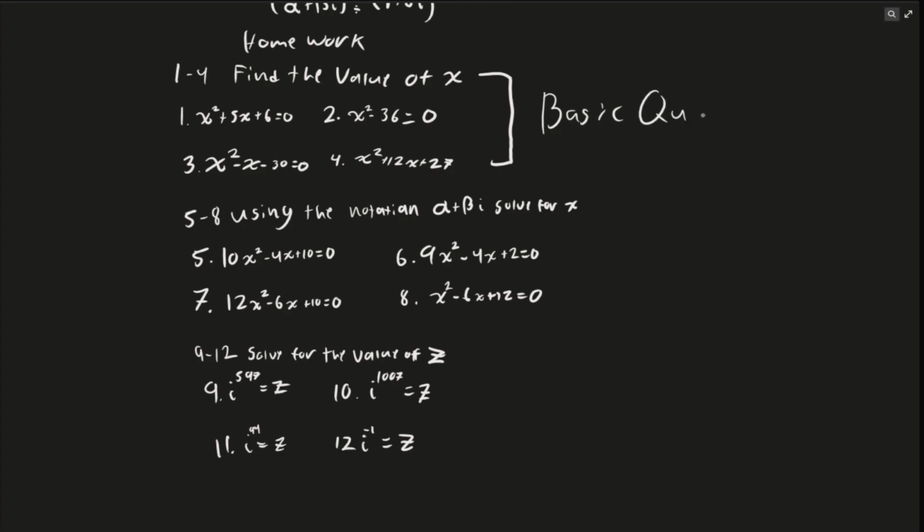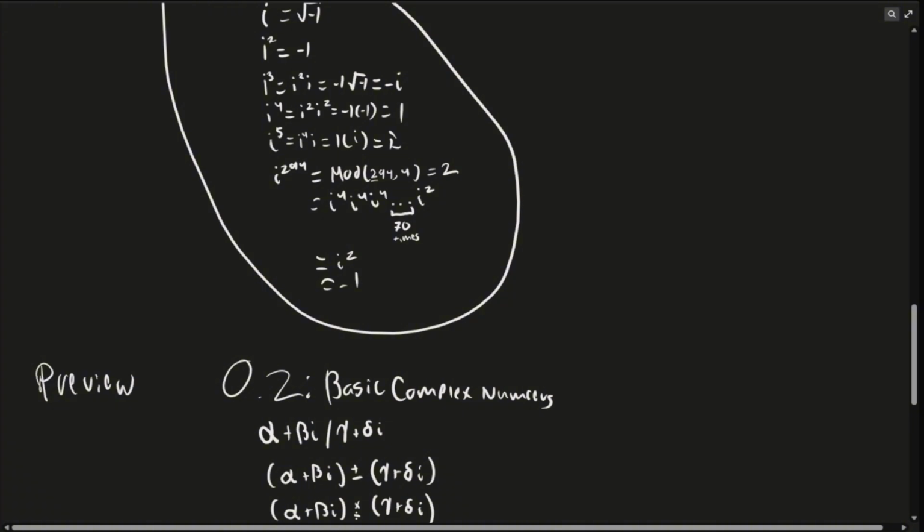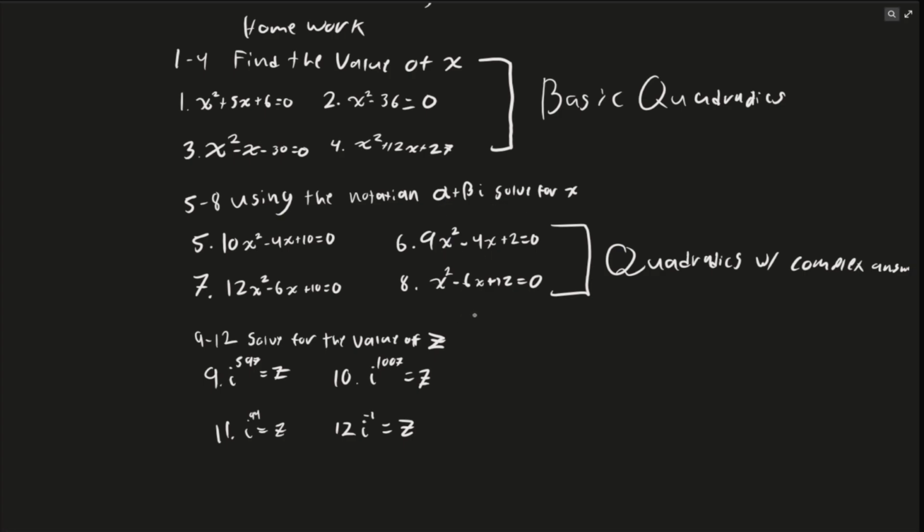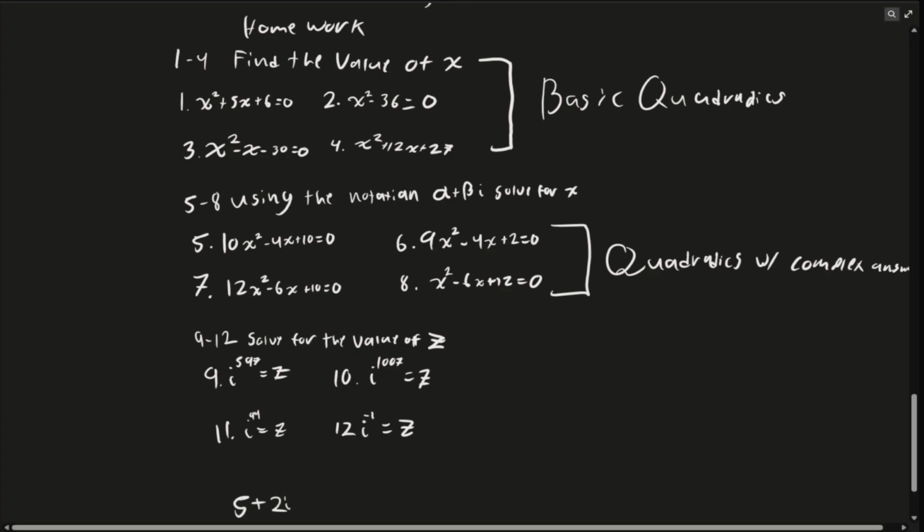Good review, especially for what's next, which is quadratics with complex answers, which tell you, since I haven't technically gone over it, when a complex number is notated with alpha plus beta i, alpha is the real part, so a complex number would be 5 plus 2i. You can't simplify this any further.